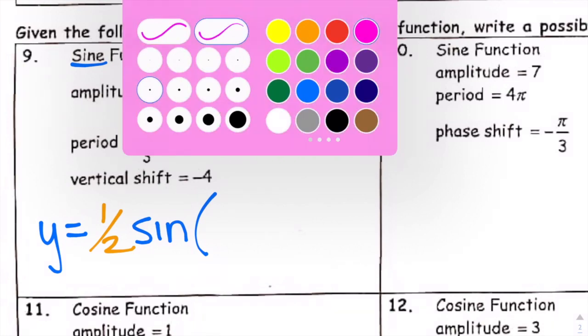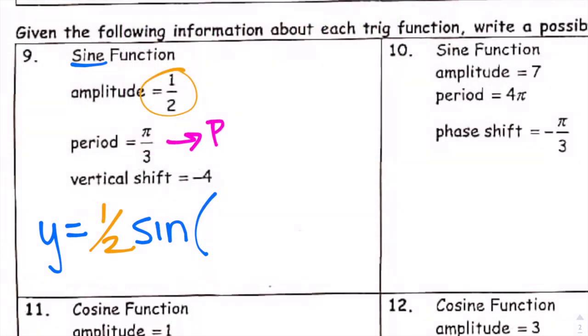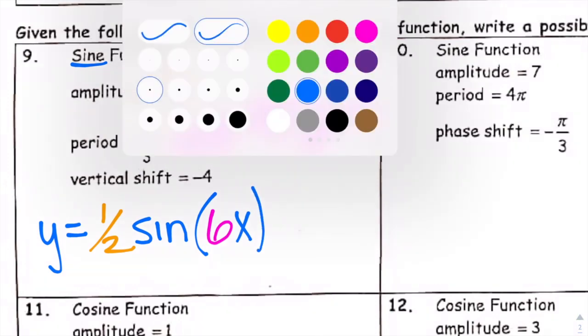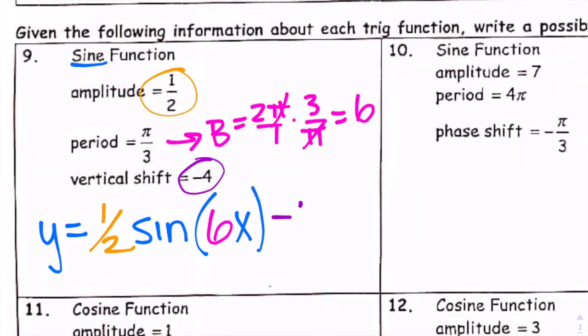And we need to find that b value, so b equals 2 pi over 1 times the reciprocal. The pi's cancel, so you end up getting 6 times x, no phase shift, so we close, and then a vertical shift of -4.